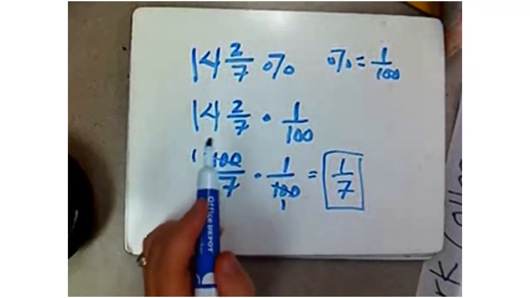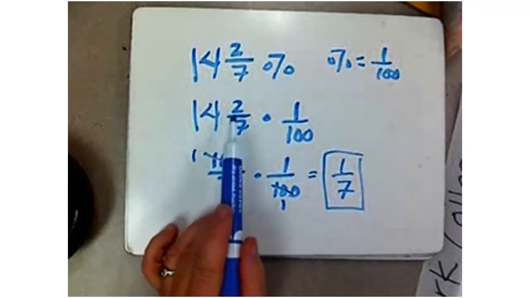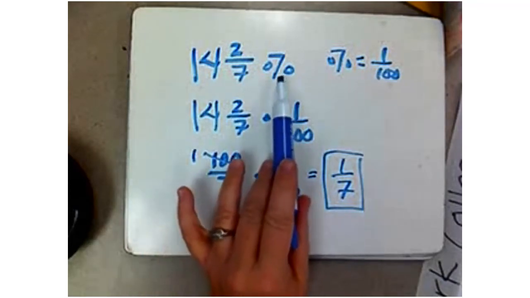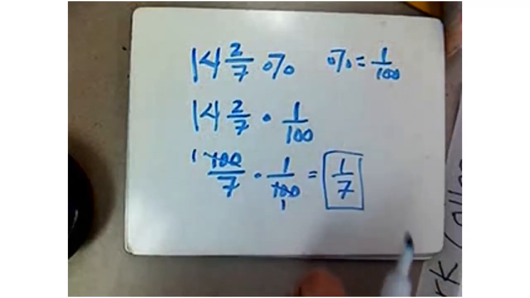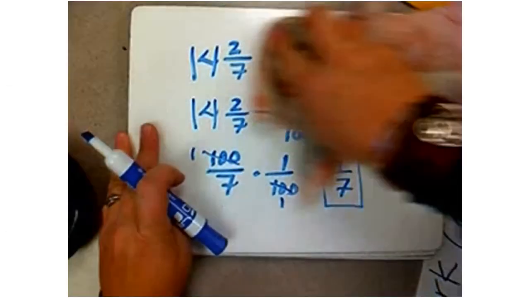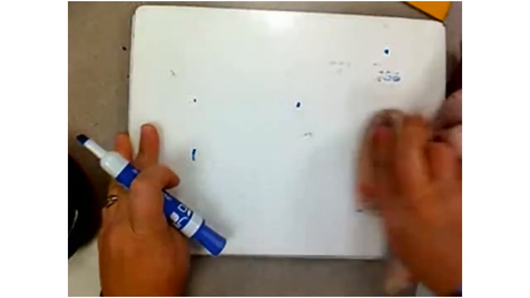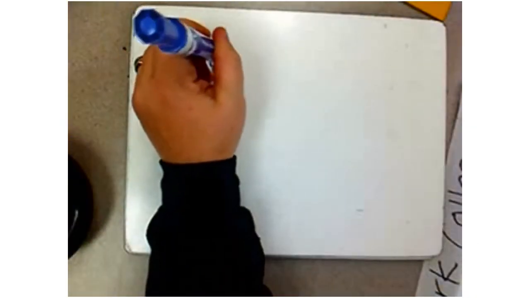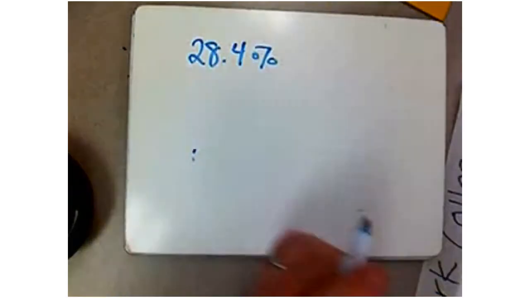So you change your mixed number to an improper fraction and multiply by 1 over 100, because that's what the percent value means. In example 3 at the bottom of page 503, it says to change 28.4% to a fraction.